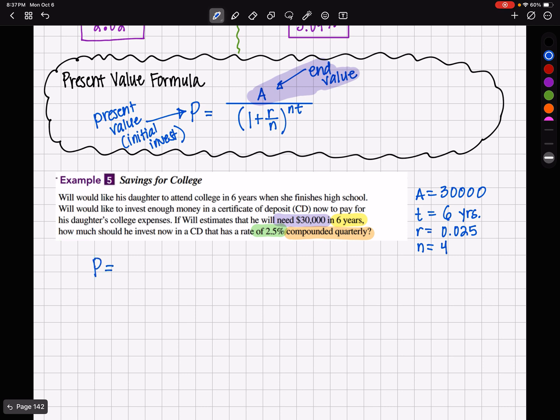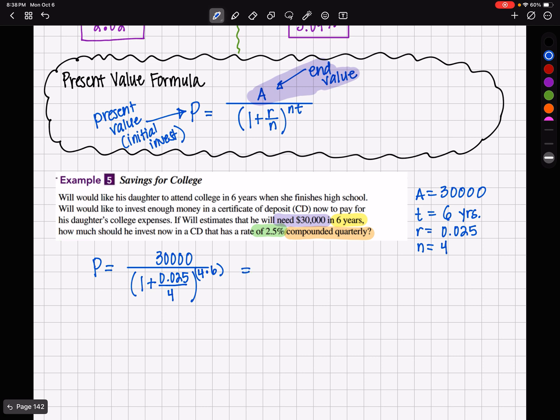We've got our present value is equal to 30,000 in the numerator over 1 plus our interest rate divided by the number of times it's going to be compounded in a year, which would be 4, raised to the 4 times 6 power. And that's because 4 times a year for 6 years would be 24 times.